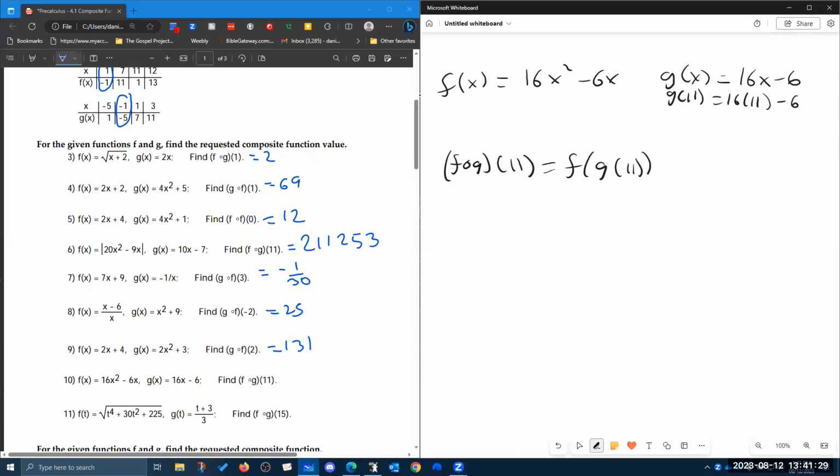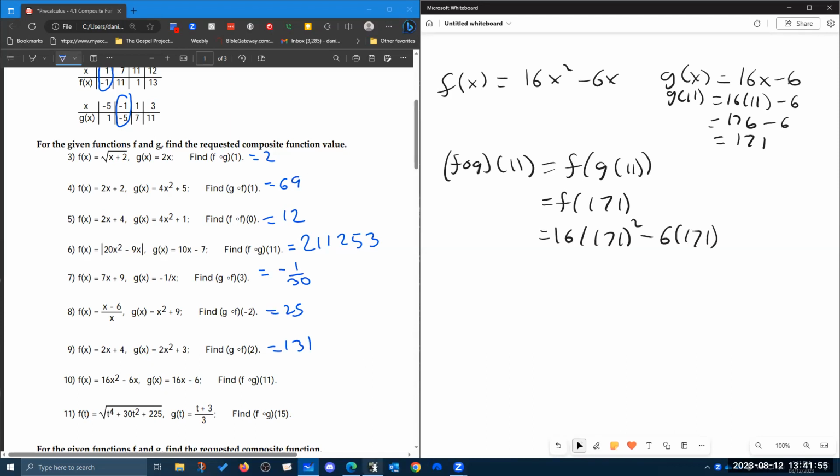That's 160 plus 16 is 176, so that's 171. And so we want f of 171. And so this is 16 times 171 squared minus 6 times 171.